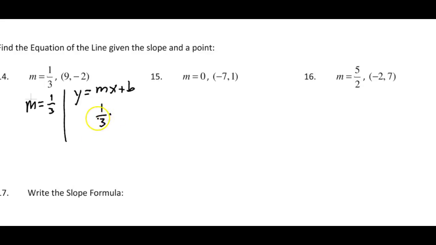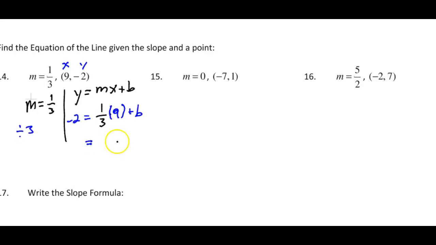Now multiplying by 1/3 is the same as dividing by 3. So if you don't like the idea of multiplying a fraction, just think of this as dividing by 3. It's the same thing. So I have my x is 9, my y is -2. And -2 equals 9 divided by 3, or times 1/3, same thing.